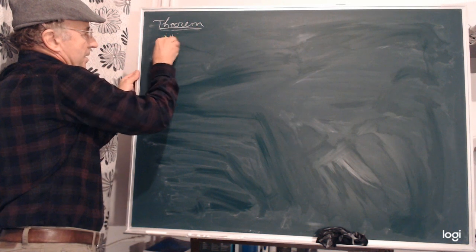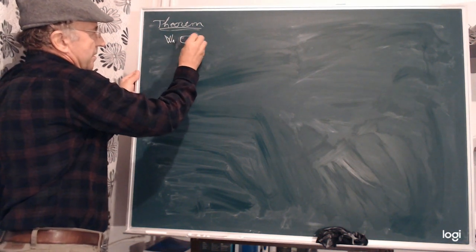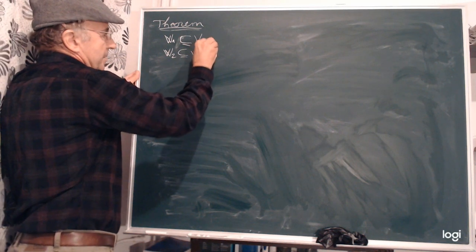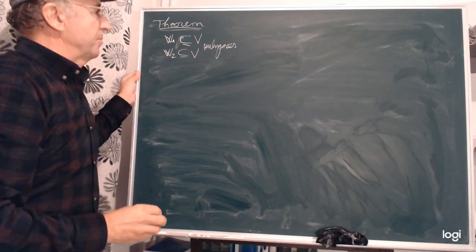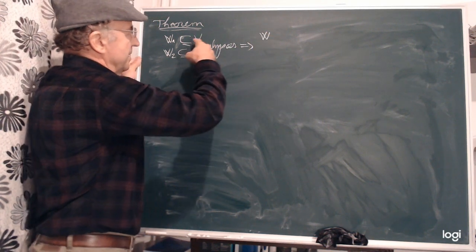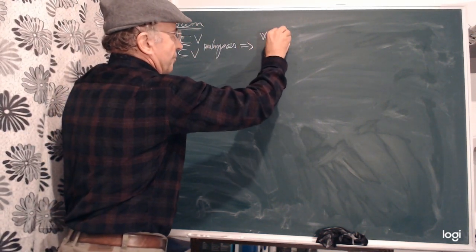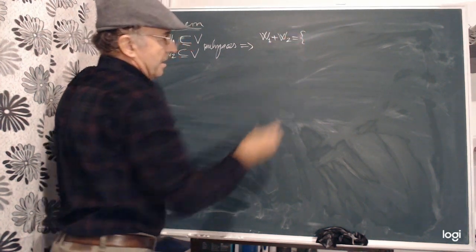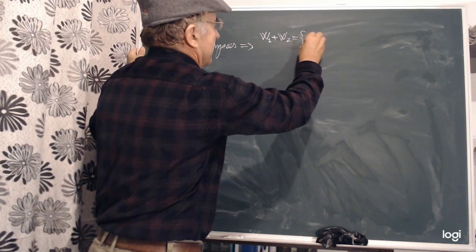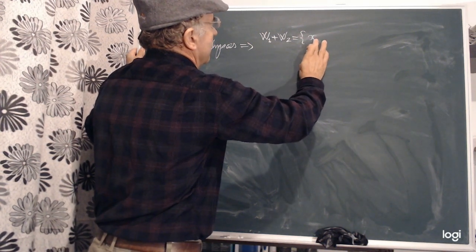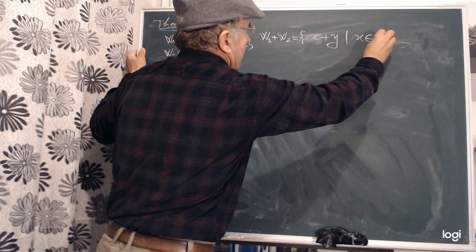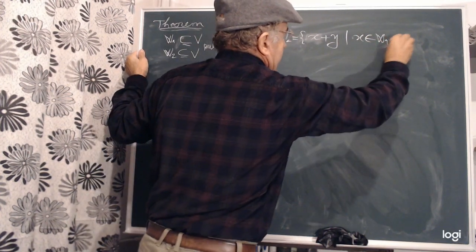If W1 contained in V, W2 contained also in V are vector subspaces, then we get that the following subset of V, W1 plus W2, we denote in this way the set of all the vectors having the form x plus y, where x is from W1 and y is from W2.